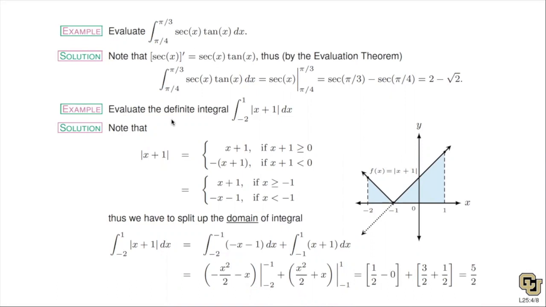And when you're integrating an absolute value, then you can definitely say this is an area. This is not just a net area, this is a flat out area, because the absolute value function is always greater than or equal to 0. So yeah, that was the absolute value function type problem that I wanted to show you.